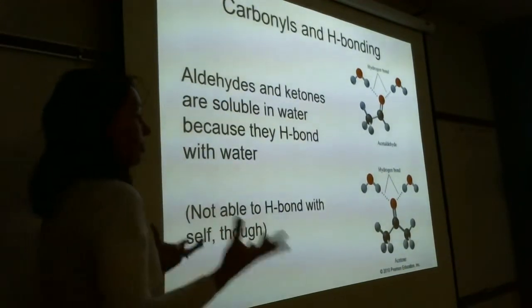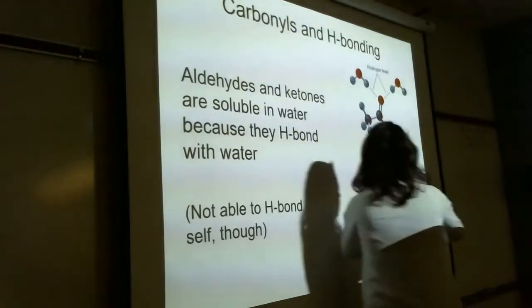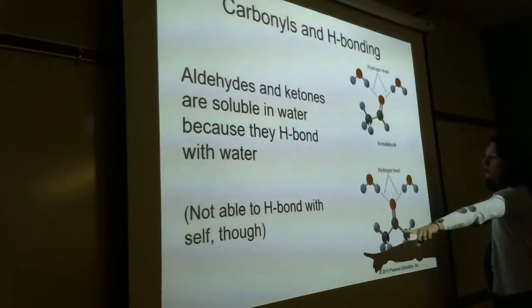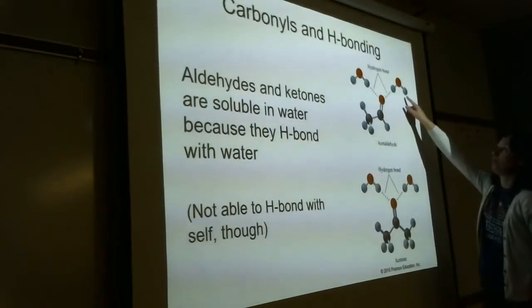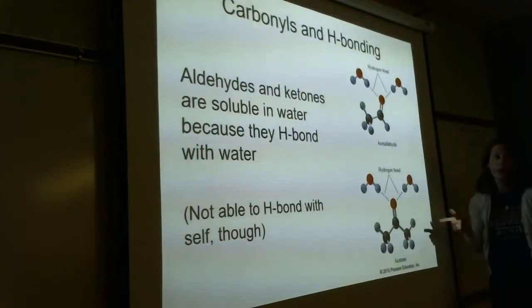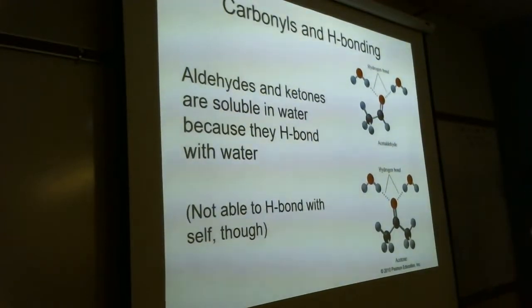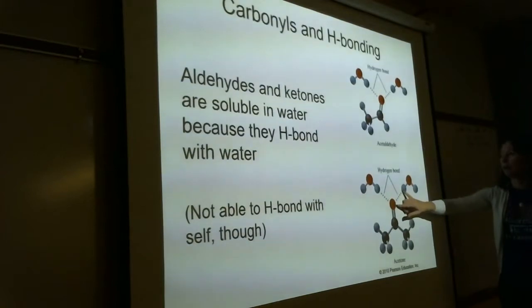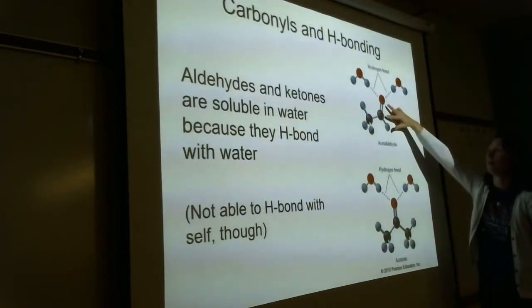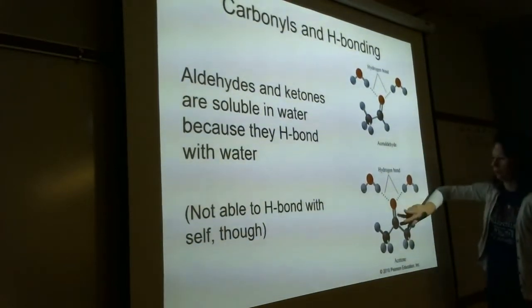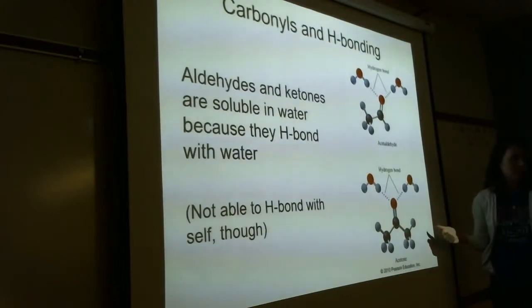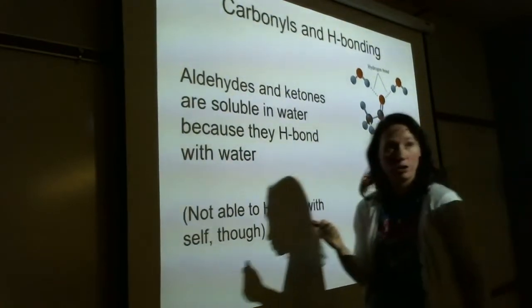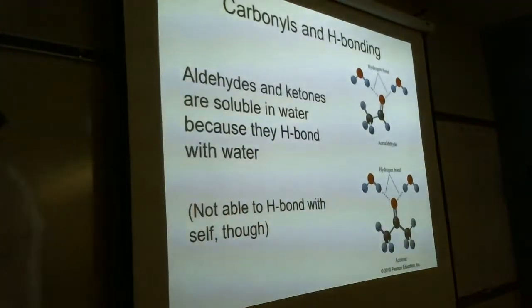If you see a carbonyl, so long as the chain that it's part of is not too long, it can hydrogen bond with water. It won't hydrogen bond with itself. It'll have dipole interactions with itself. But it'll be able to hydrogen bond with water because of that partial positive, partial negative situation. Does this make sense? Again, it's going to be conditional based on chain length.